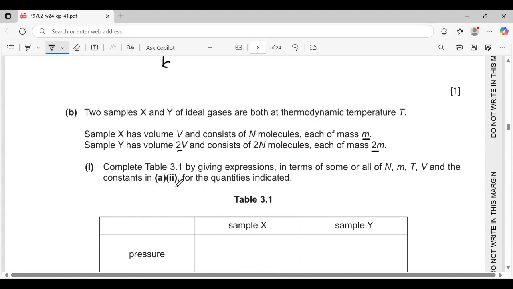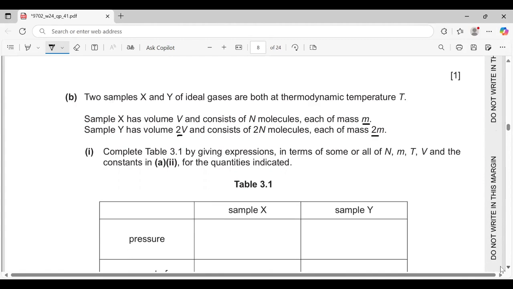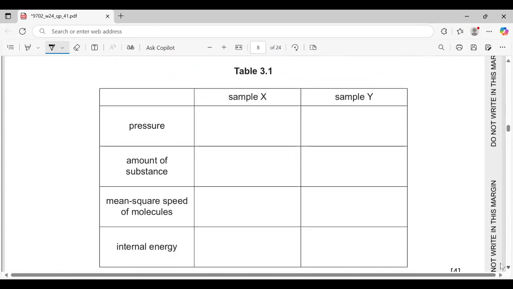Complete table 3.1 by giving expressions in terms of some or all of n, m, T, and V, and the constants from the previous information for the quantities indicated. Pressure of sample X is nkT over V. Okay.